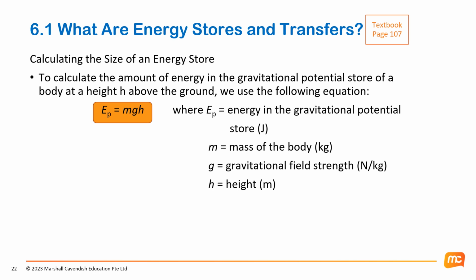However, if it is on a different type of celestial body, let's say on the moon, then the value of g would differ, and you would have to be very careful to refer to the question to find out what that value of g is. As always, all our units must be in SI: joules, kilograms, newtons per kilogram, and meters. Remember to convert if any of the units in the questions come in non-SI units.